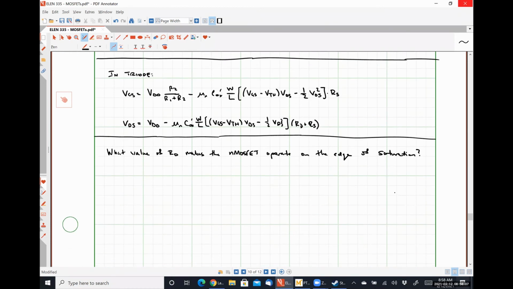So our new circuit, which is the same as our old circuit, except now we don't know what the value of RD is. Looks like this.